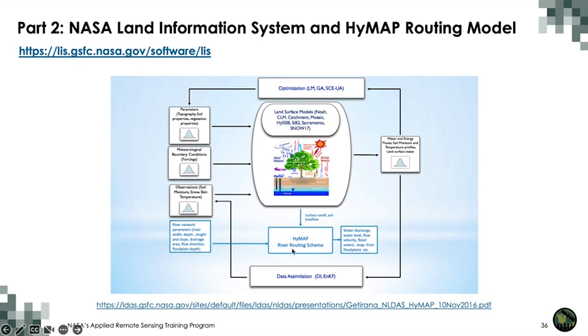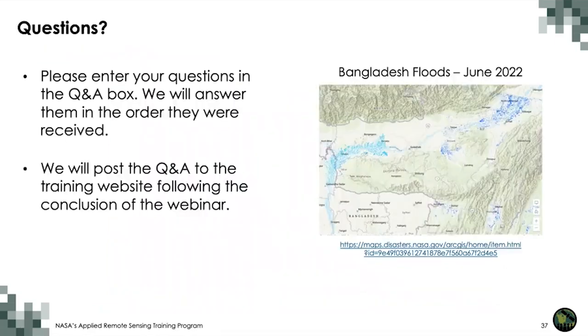So using all that information, HIMAP then provides water discharge, water level, flow velocity, flood extent, and evaporation from floodplains, etc. So this is the model that we are going to look at next week. So what we're going to do now is go to the question and answer session.